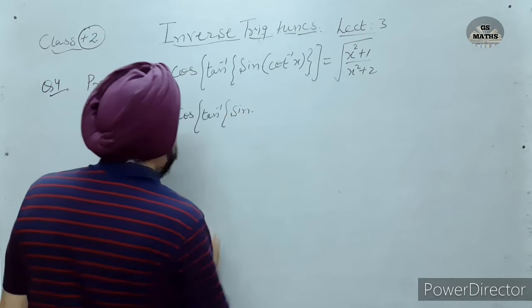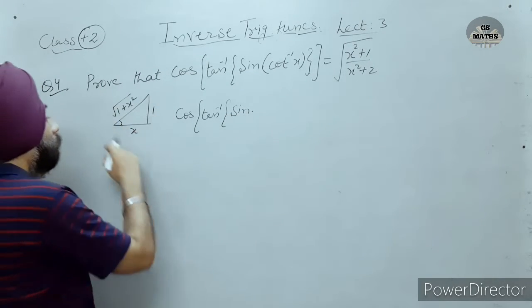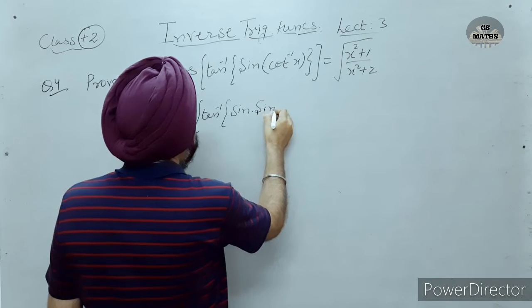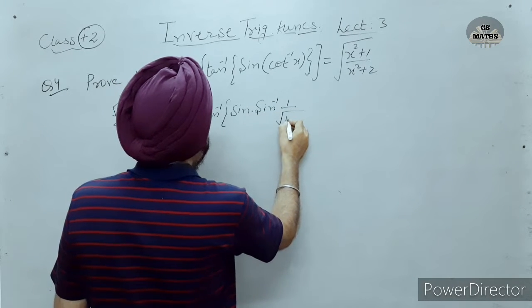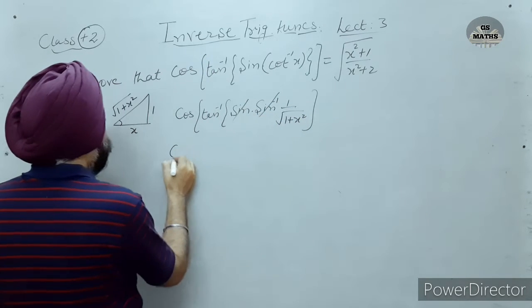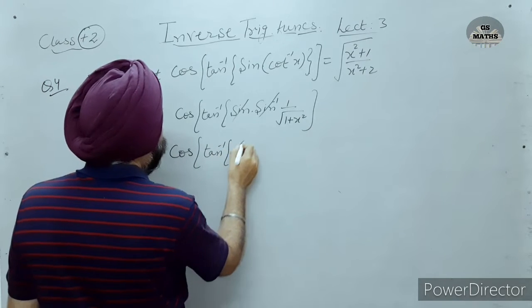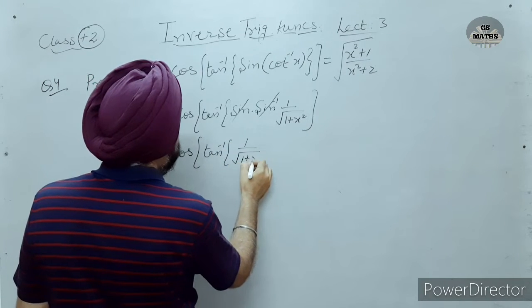sine. Cot inverse x is equal to sine inverse of perpendicular over hypotenuse. This cancels out. I am left with cos tan inverse 1 upon under root 1 plus x square.